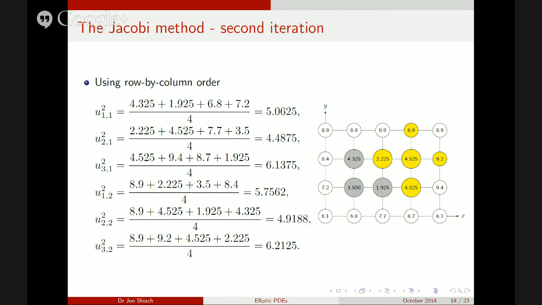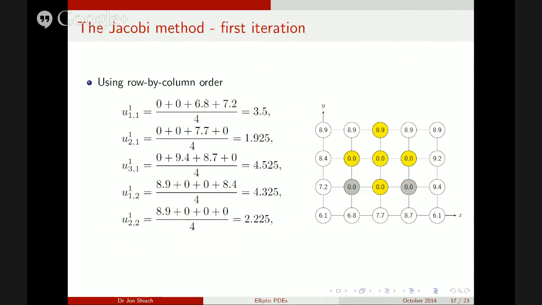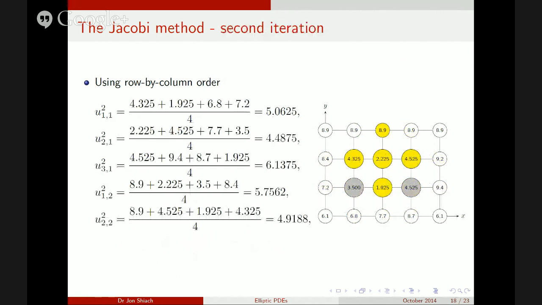If I go back to the previous slide, those are my first estimates. These are my second estimates. Hopefully, they're closer to the real solution than my first estimate. So that's what we want. We want to converge. We want to hone in on the actual solution. How do we know when to stop?